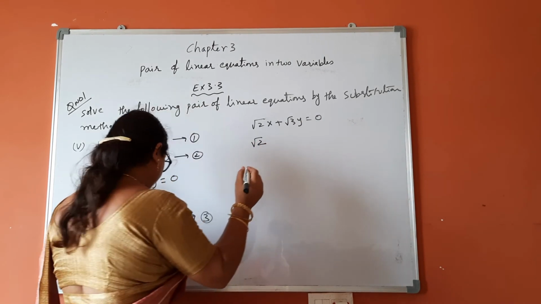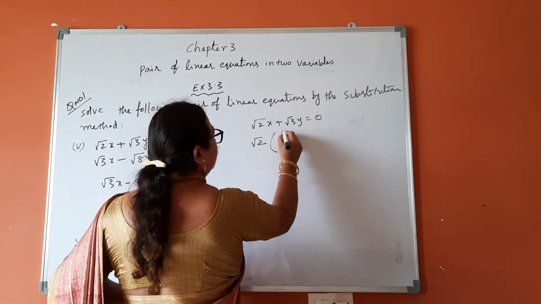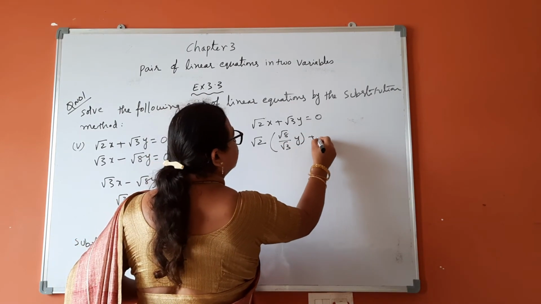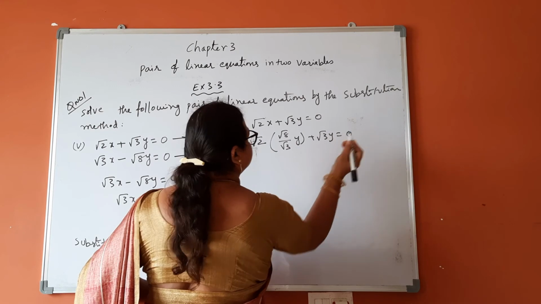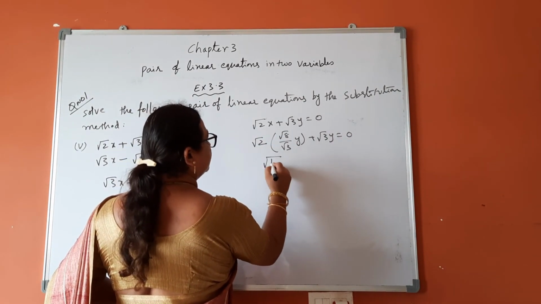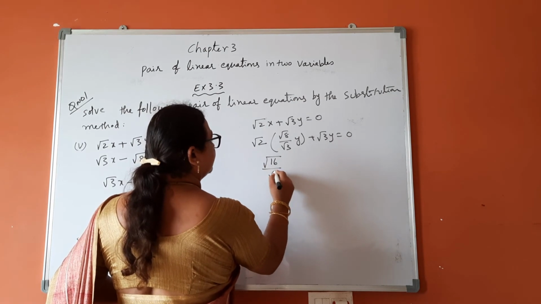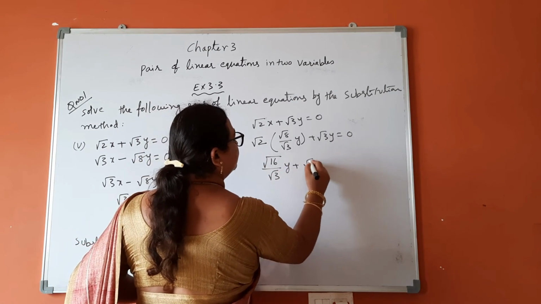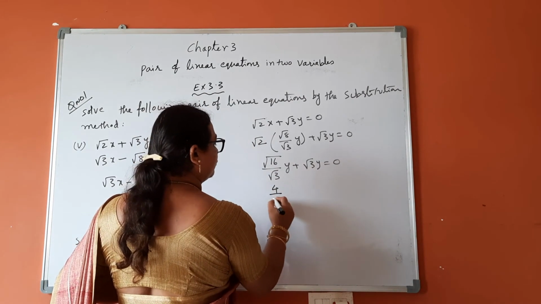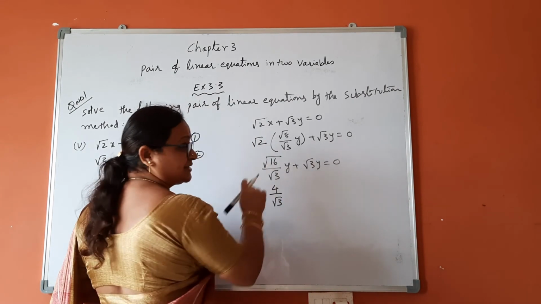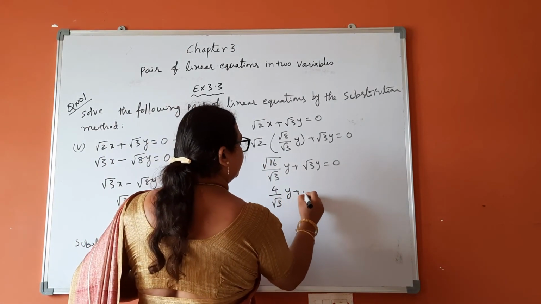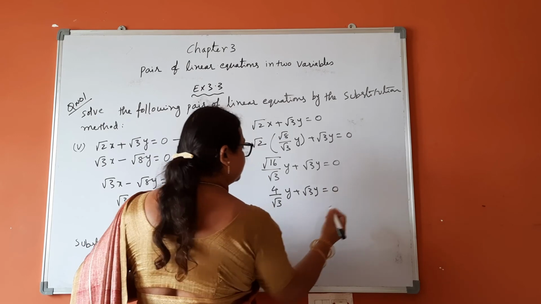So root 2 into root 8 by root 3 y plus root 3y is equal to 0. Open the brackets. Root 2 into root 8, that is root 16 by root 3 y plus root 3y is equal to 0. Root 16 is nothing but 4. 16 is a perfect square number, so root 16 is 4. 4 by root 3 y plus root 3y is equal to 0.